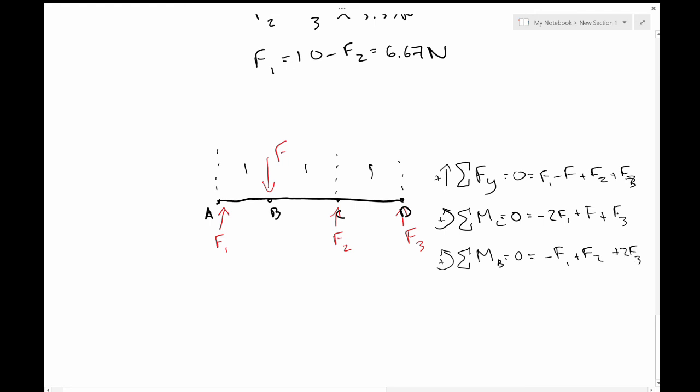You might be thinking we have 3 equations and 3 unknowns, and we have a whole bunch of other moment equations that we could still come up with, and we should be able to solve.